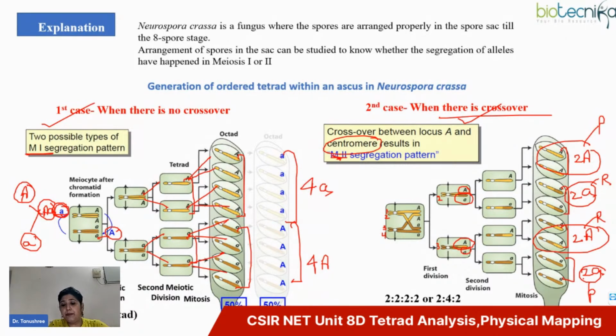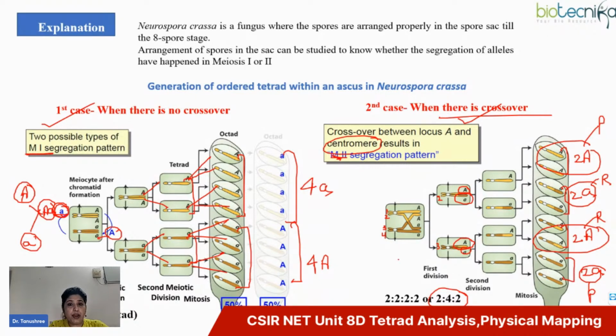Now you may ask, ma'am, the crossing over can happen between strand 1 and 3, or 1 and 4, or 2 and 4, right? So depending upon which strands are participating in the crossing over, accordingly, either we'll get a 2:2:2:2 ratio, or we can even get a 2:4:2 ratio. So as it is asked in the question, which organism is used to study the segregation of alleles, right?